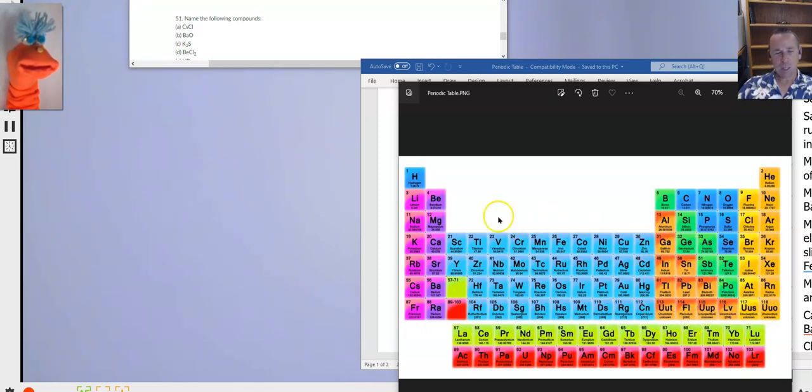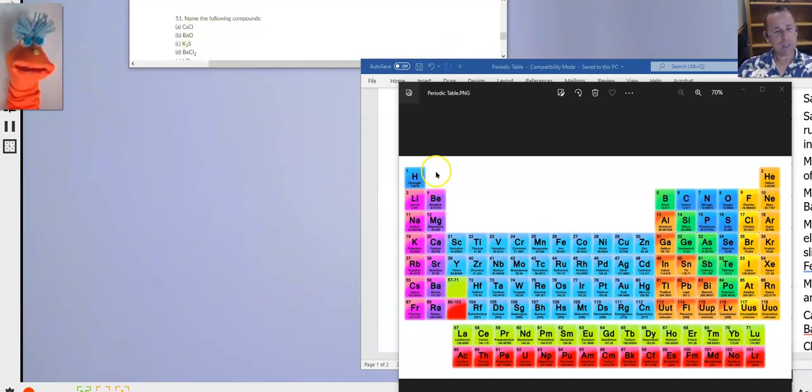If it contains a metal other than these 2 here and really aluminum, I mean, there's some exceptions, but in general, we need a way to identify what the resulting charge is on that metal in that compound, okay? And the way that we do that is by just saying that charge. If the metal is in this box here, then you don't have to, because we know we don't have to distinguish what the charge is. We know that it's a +1 over here and a +2 over here.